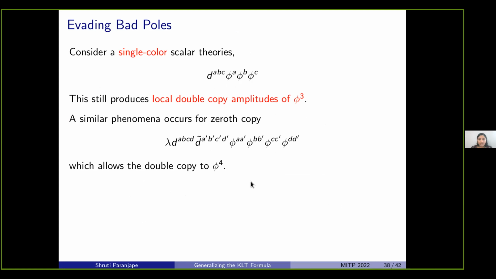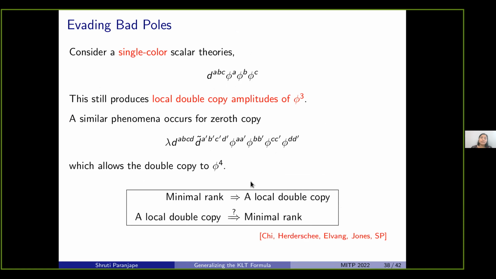So there are a couple of trivial examples that prevent you from doing the reverse implication, that any local double copy must come from a minimal rank KLT kernel. And I think actually it's very interesting to understand all of the cases where these cancellations occur and where you can get a local double copy despite not being minimal rank.